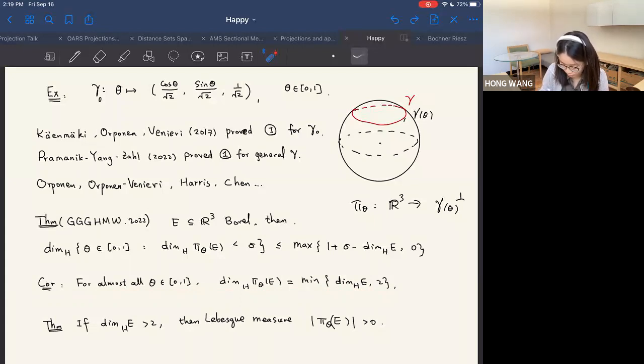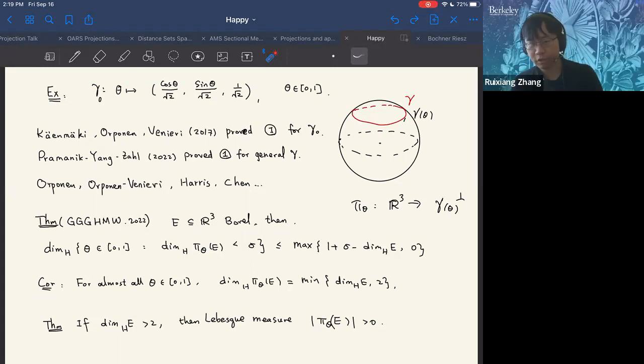We also have a result about Lebesgue measure: if the Hausdorff dimension of E is strictly greater than 2, then the Lebesgue measure of the orthogonal projection image is positive. This is for almost all theta, right? Yes. Okay, thanks.